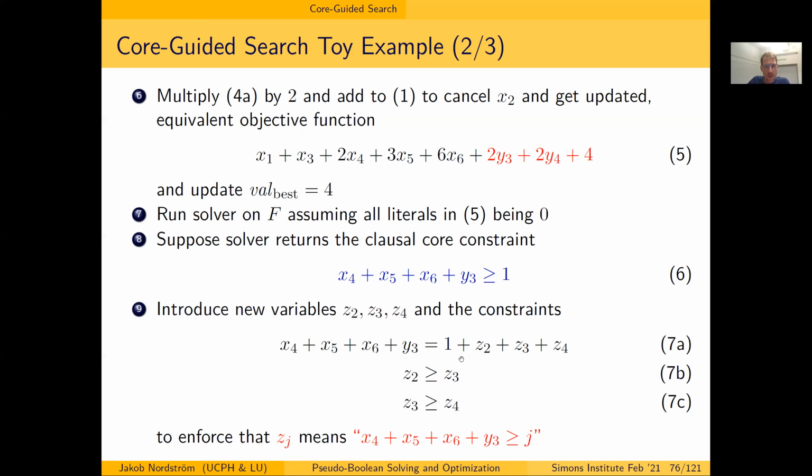That means that we can multiply this whole equality with a 2 and then substitute 2 times the left-hand side here. We can replace that by 2 times the right-hand side. So 2z2 plus 2z3 plus 2z4 plus a constant term 2 that will provide a further update of the lower bound estimate in our objective function.